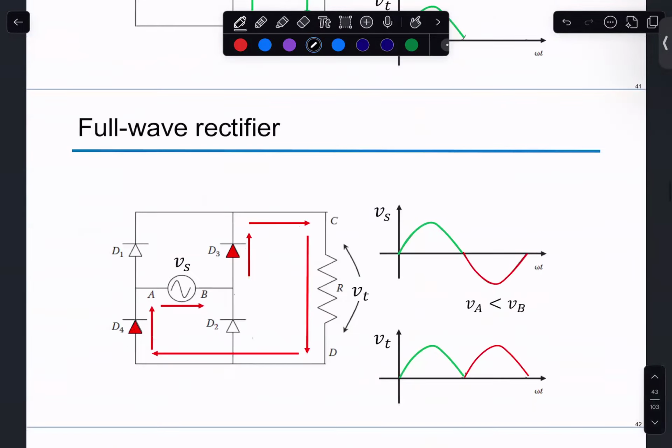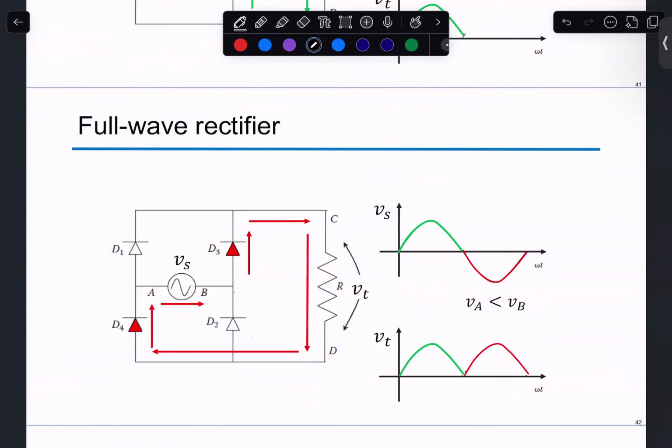Then when the voltage is negative, our current now flows to D3, through this load, and comes back through D4. So the load always sees a positive voltage or positive current going from C to D. So basically what a full wave rectifier does is flip this negative part.